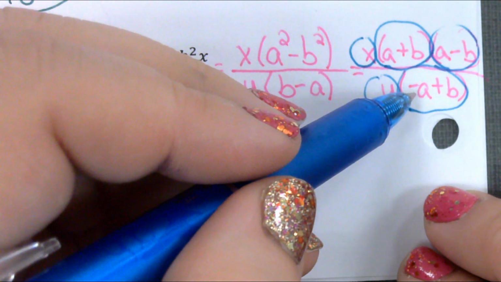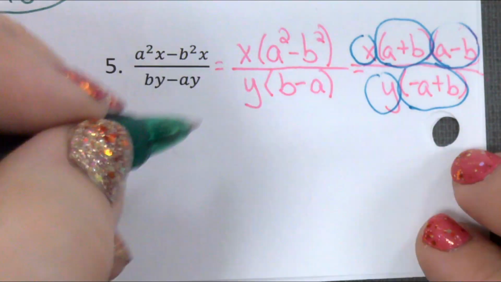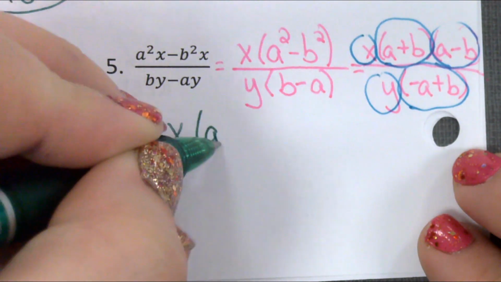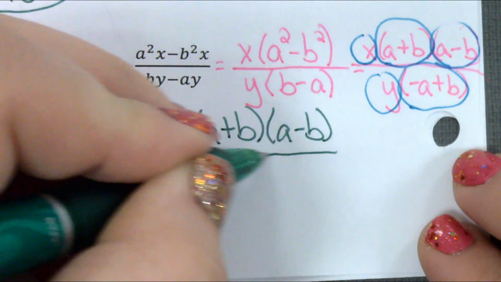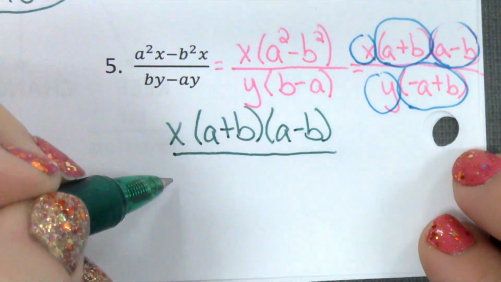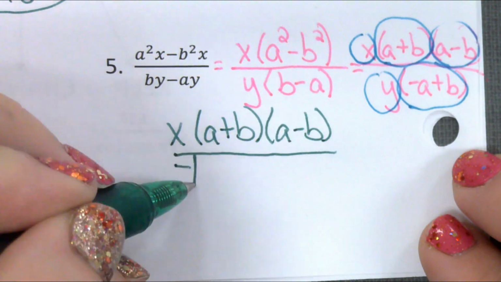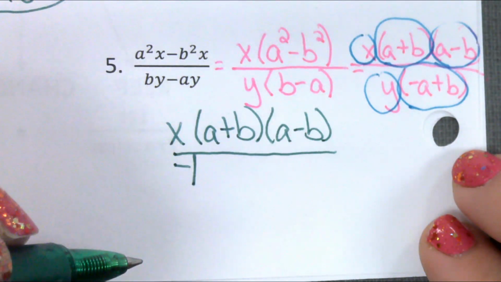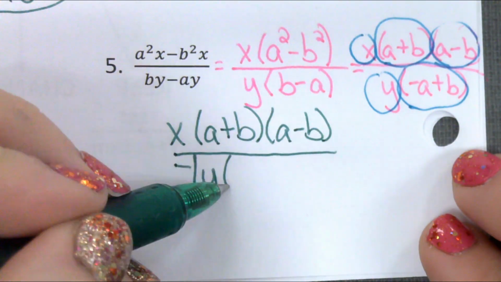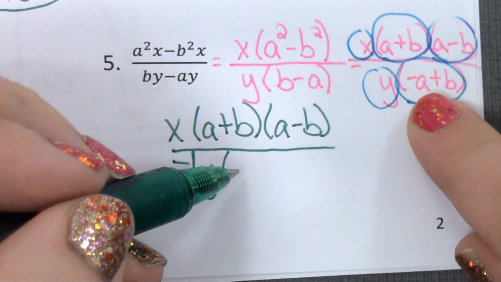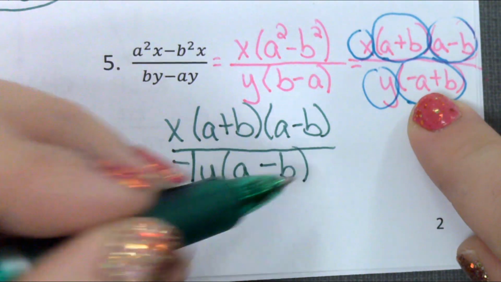Factoring out a -1 in the denominator would leave the numerator to be the same. And in the denominator, that -1 would go all the way in front, then the y, and -1 divided into this factor would be a positive a and a -b.